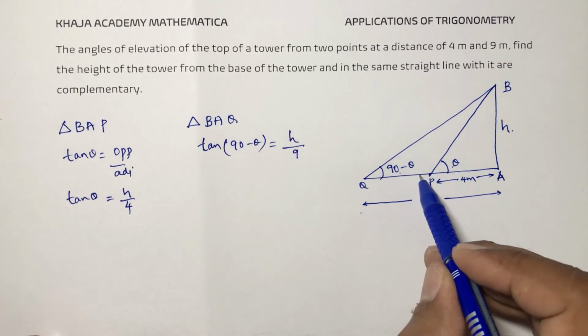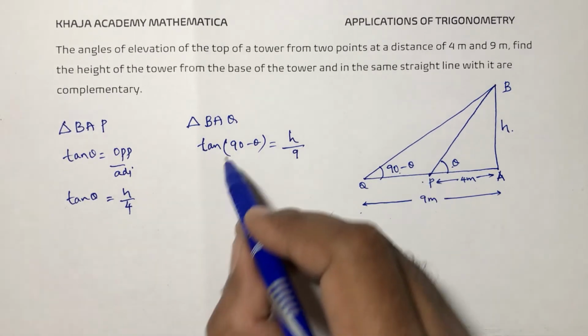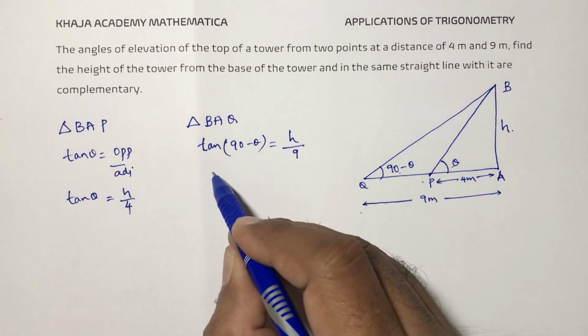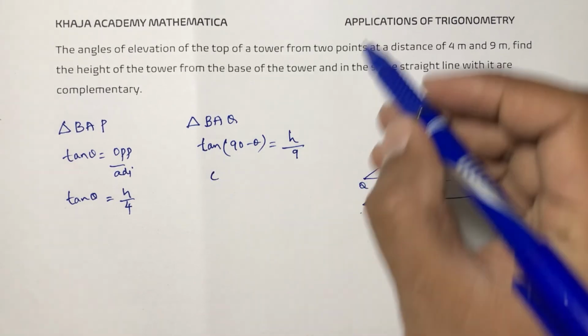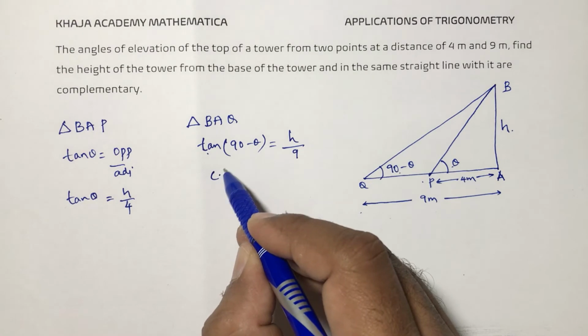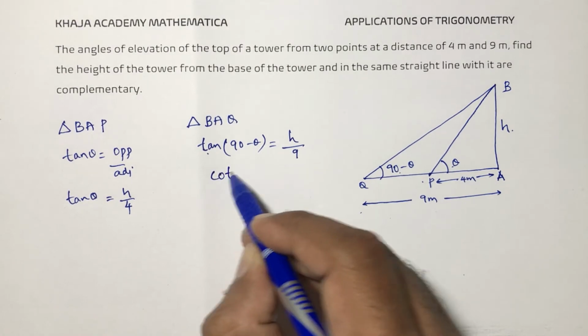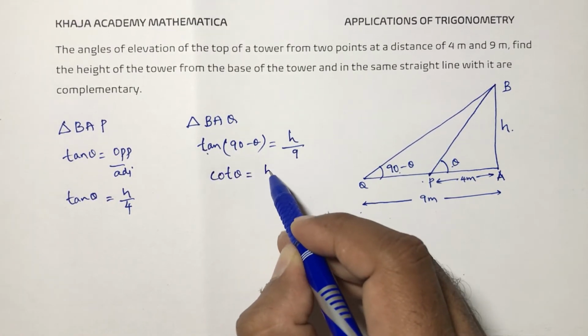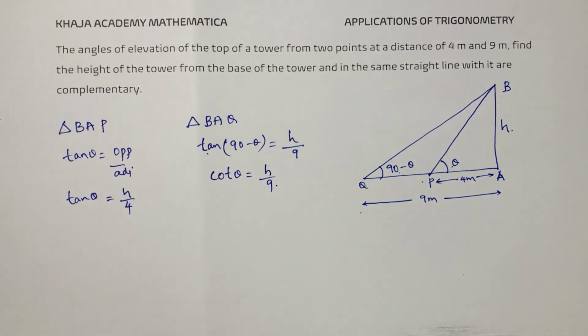Complementary means if you add both the angles, the answer should be 90. Now tan of 90 minus theta, this is a complementary angle, tan of 90 minus theta is cot theta. Cot theta is h by 9.